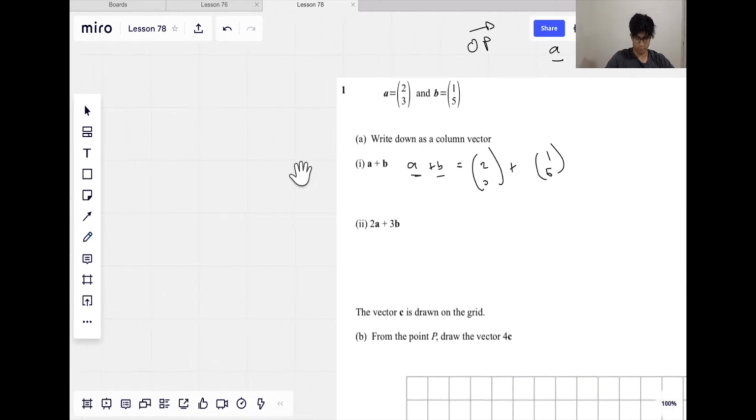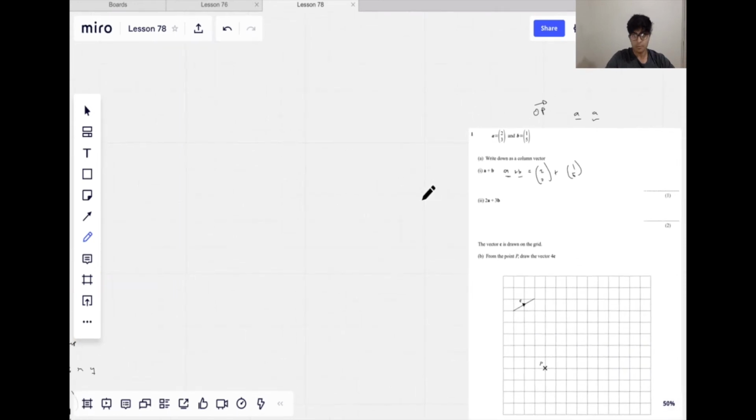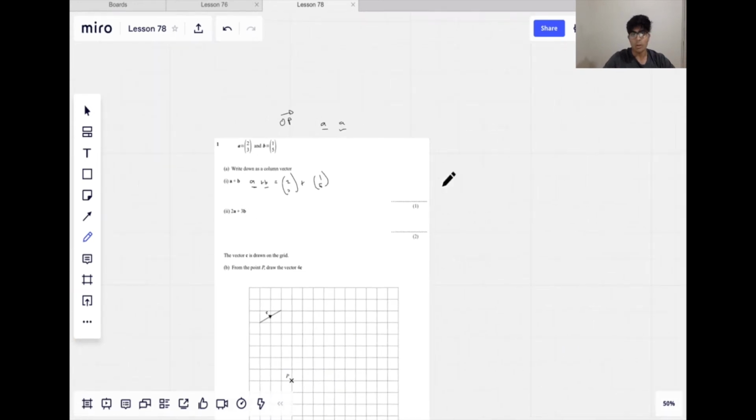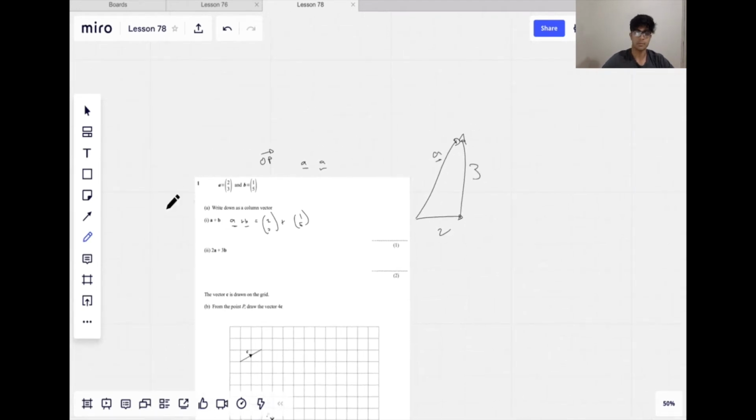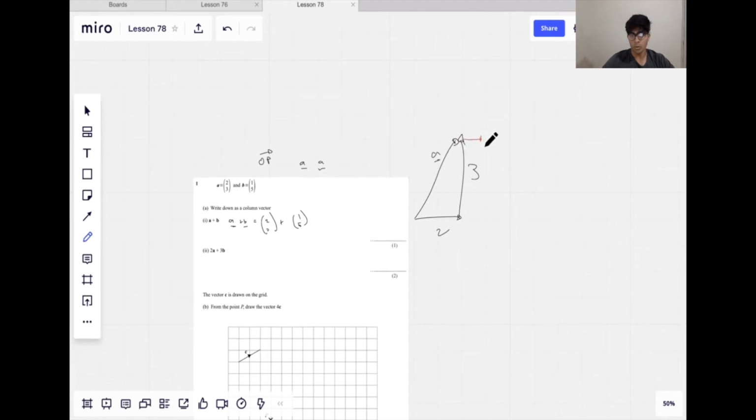Actually, why don't we do this over here? We're being asked, 2 along first, and then 3 up. (2, 3) is the vector A. And then the vector B is to go 1 along, and then 5 up.